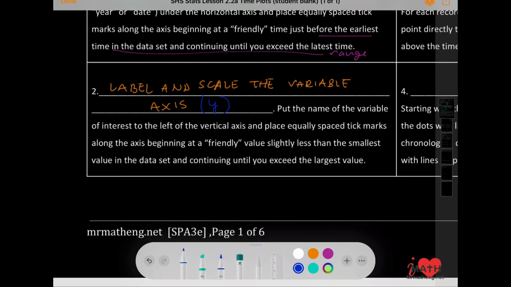Put the name of the variable of interest to the left of the vertical axis and place equally spaced tick marks along the axis beginning at a friendly value slightly less than the smallest value in the data set and continuing until you exceed the largest. So again, the minimum and the maximum will help you.